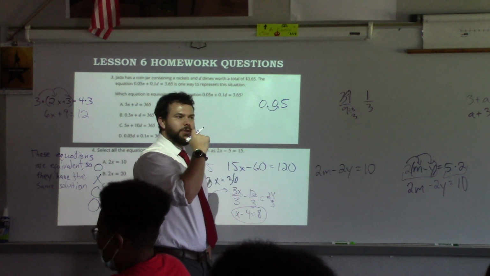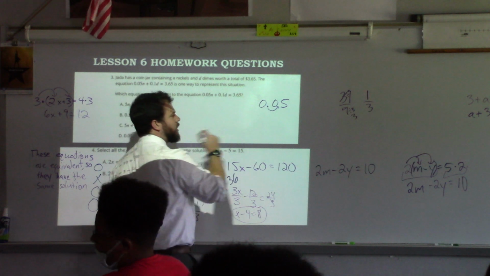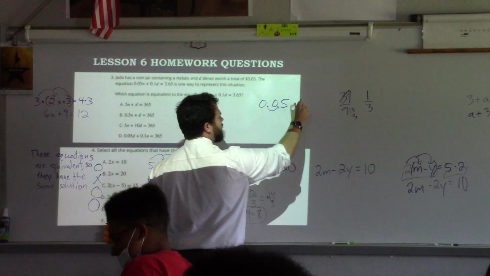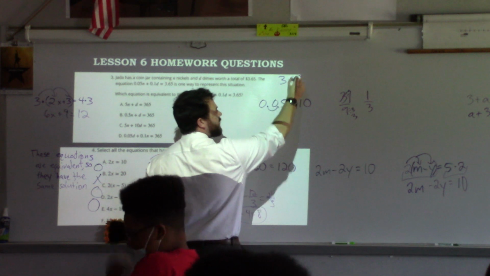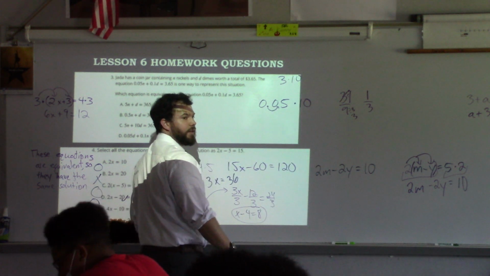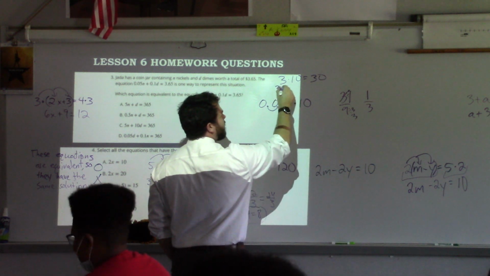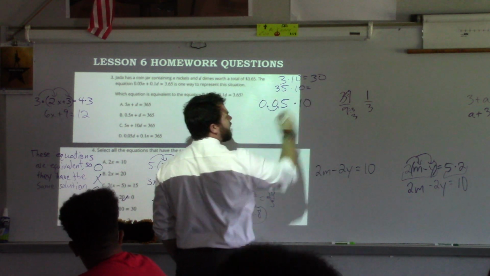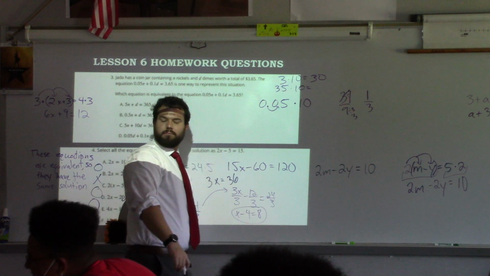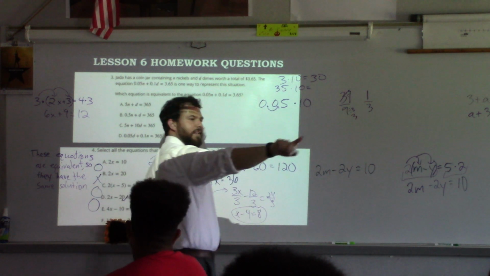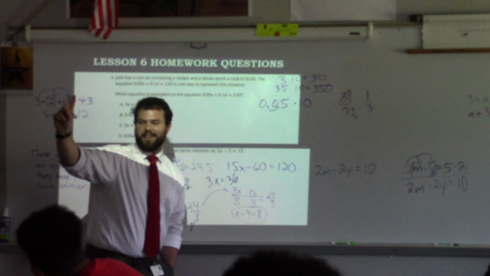Do you know what you're actually doing when you move the decimal like that? You're multiplying by the number 10. Look, if I take 3 and I multiply by 10, what do I get? 30, right? If I take the number 35 and I multiply by 10, what do I get? 350. There's only one zero there.